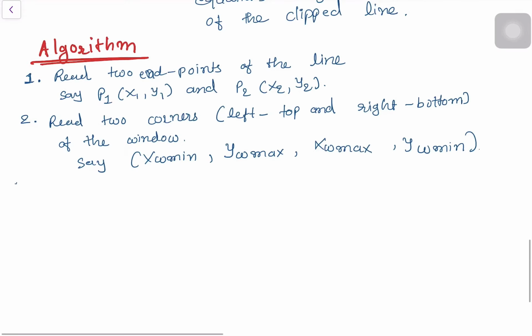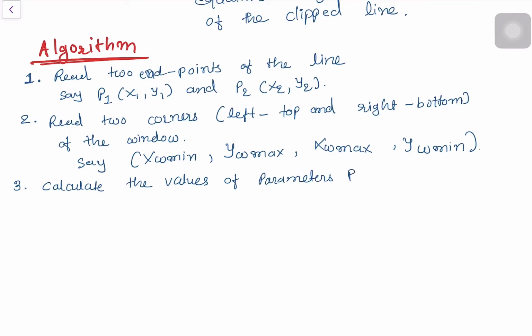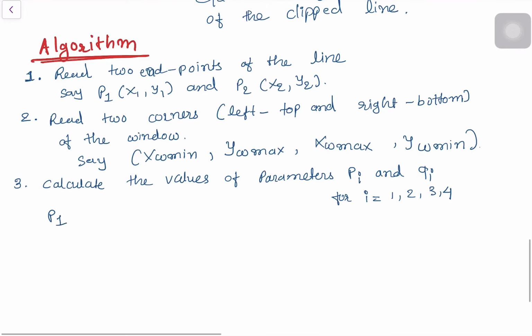Now what is step number 3? Calculate the values of the parameters Pi and Qi for i equal to 1, 2, 3 and 4. So we have to calculate P1, P2, P3, P4 and Q1, Q2, Q3, Q4.